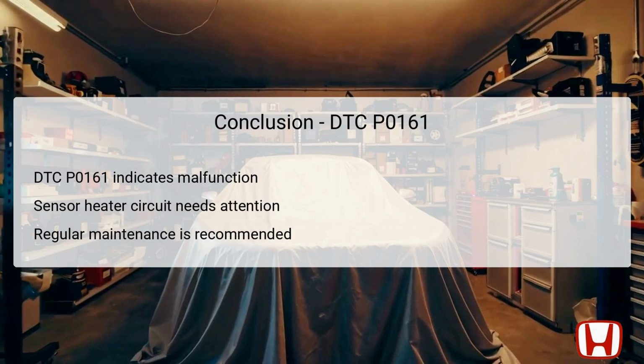The process involves confirming the fault, inspecting wiring, testing circuit amperage, and ensuring the proper function of the powertrain control module. Additionally, regular preventative maintenance can help reduce the chance of recurring issues. Addressing this DTC promptly ensures optimal engine performance and adherence to emission standards, promoting a smoother vehicle operation overall.